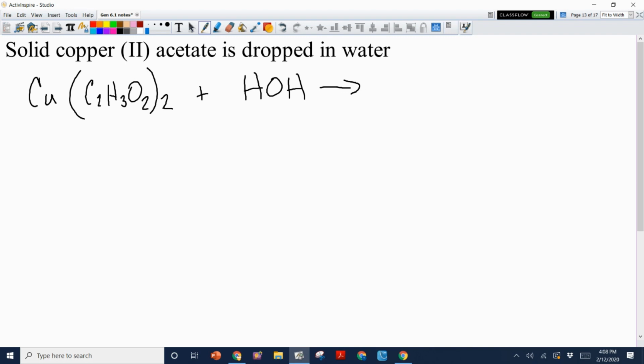Okay, so this is going to be a double replacement reaction again. We're going to swap the 2 metals. So we're going to get copper 2 hydroxide. Hydroxide has a negative 1 charge. Remember, this copper is copper 2, so it's plus 2. Hydroxide's a negative, so I'm going to need 2 of those hydroxides.